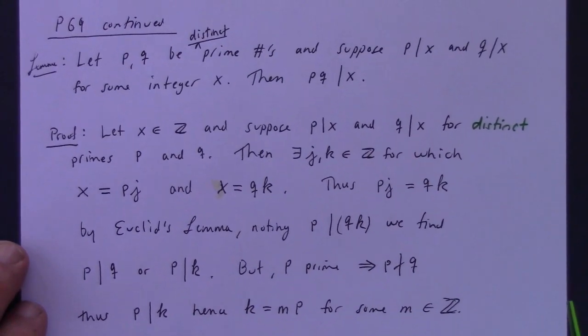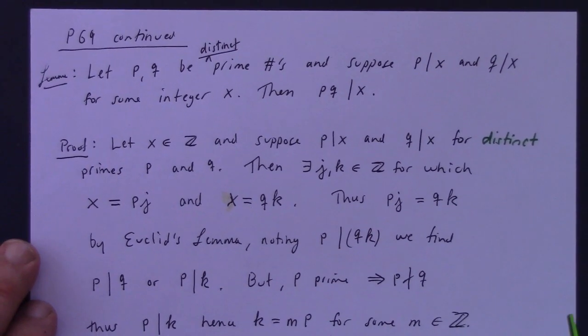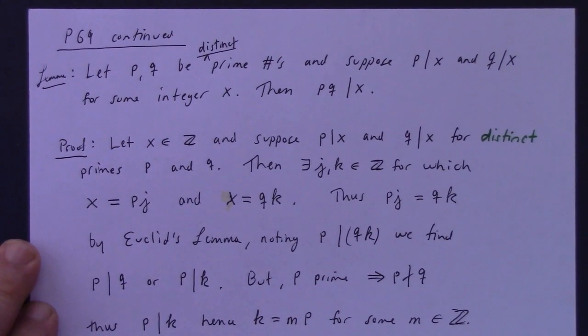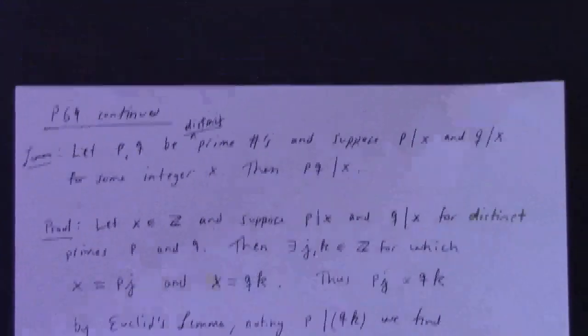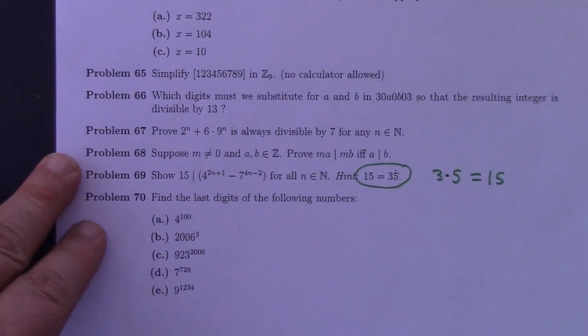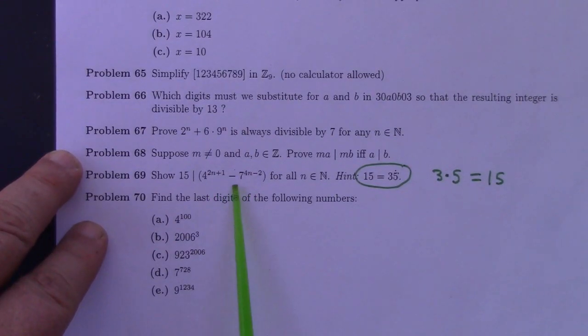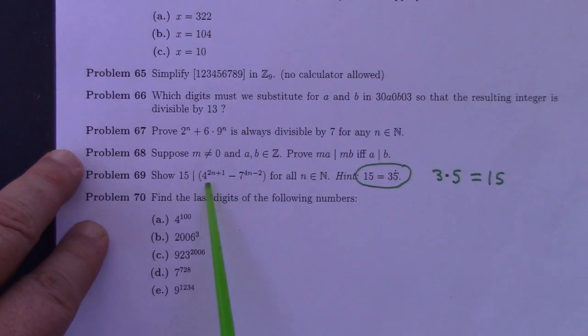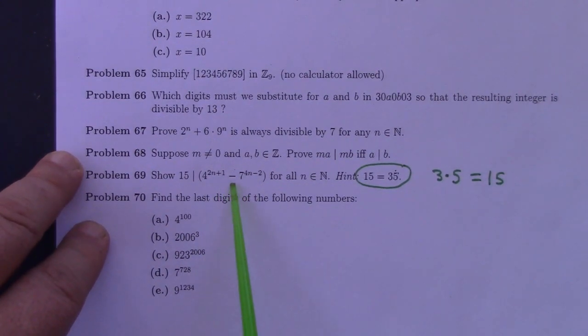So that means for problem 69, to prove divisibility by 15, it suffices to prove divisibility by 3 and divisibility by 5. If we can show that this thing right here is divisible by 3 and by 5, then if we include the lemma in our homework solution, and we should do that, then we will have proved that 15 divides this as well.